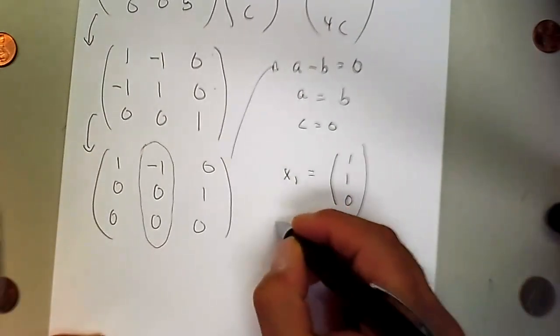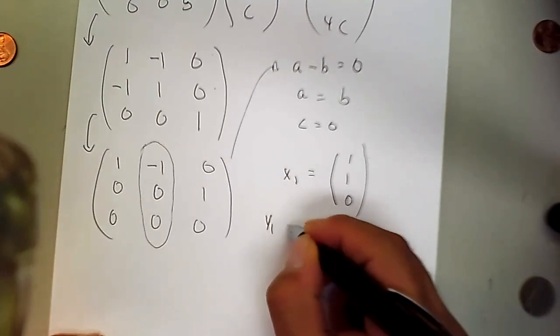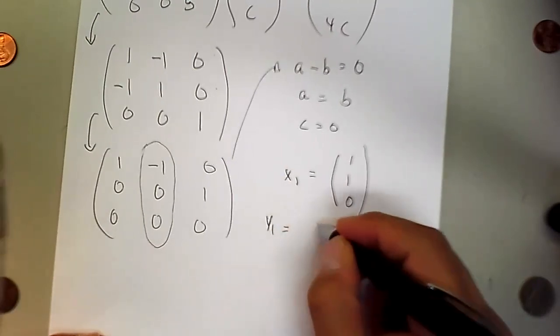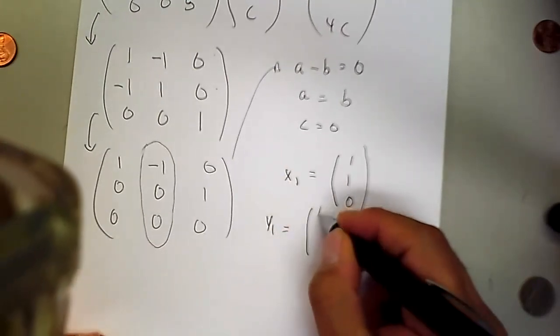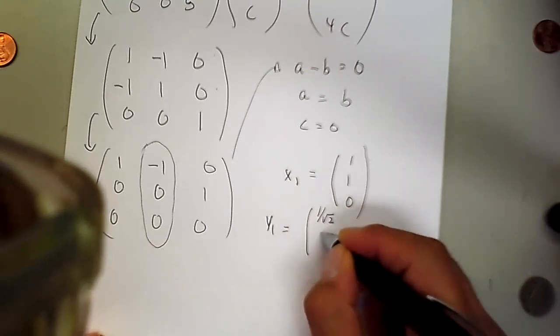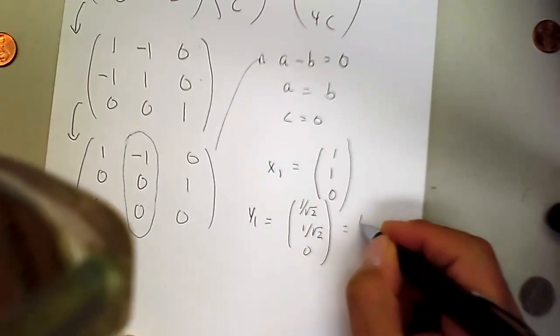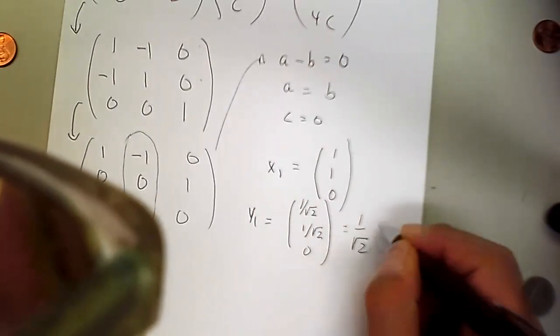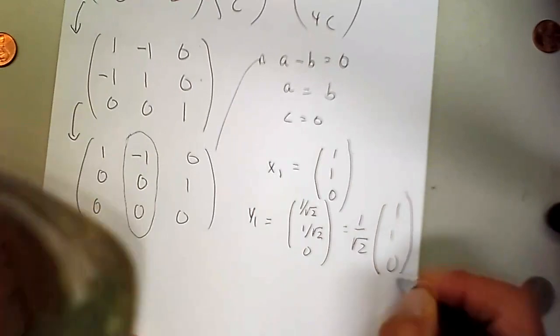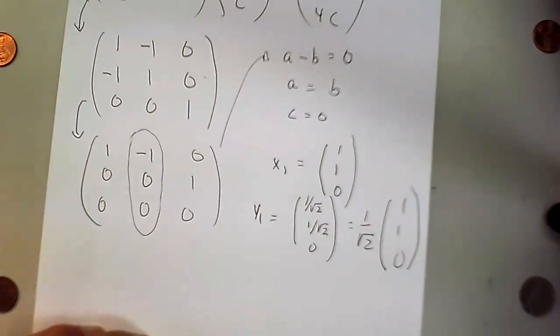So little y1 will be 1 over the square root of 2, 1 over the square root of 2, and 0. We can just factor out the 1 over the square root of 2 and keep 1, 1, 0. That's a little neater.